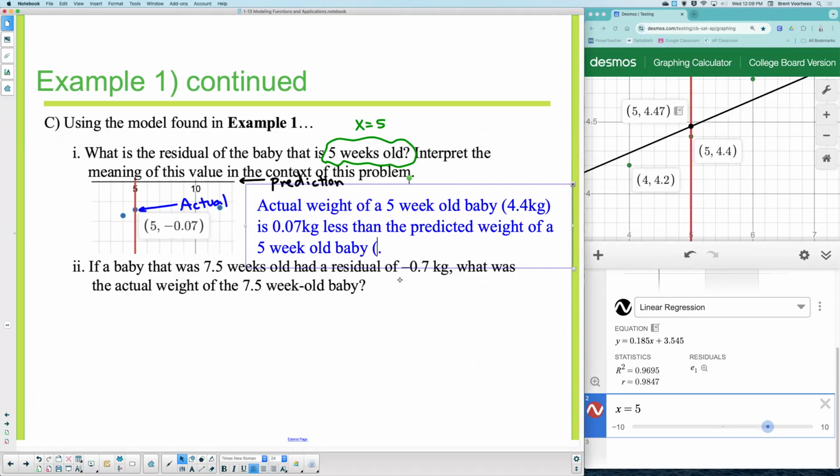Am I just doing bad math? 4.47 kilograms. Oh, 0.07. There we go. I didn't realize it was 0.07. I was adding 0.7. Okay. So notice, you see how they're 0.07 apart? This is 4.4. This is 4.47. Y'all realize that? Yeah. So that's what the residual is telling you.